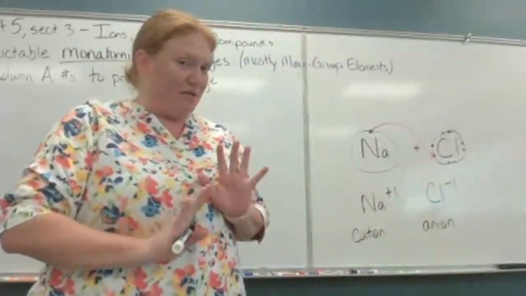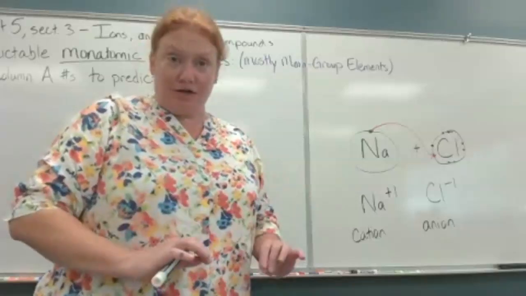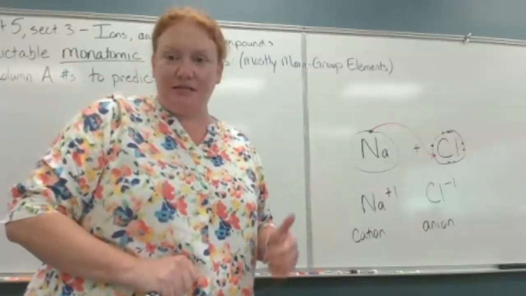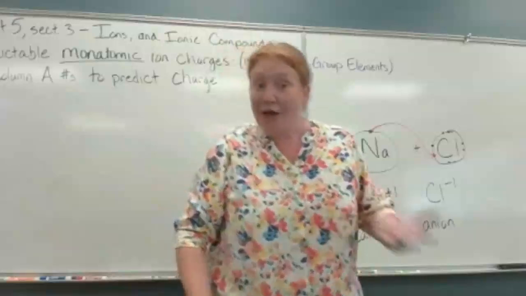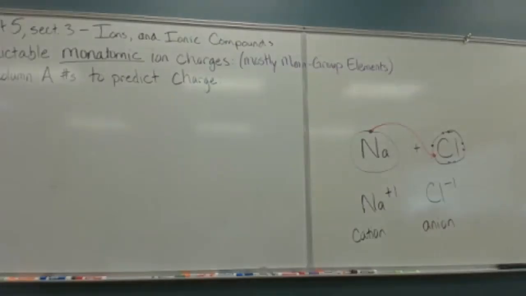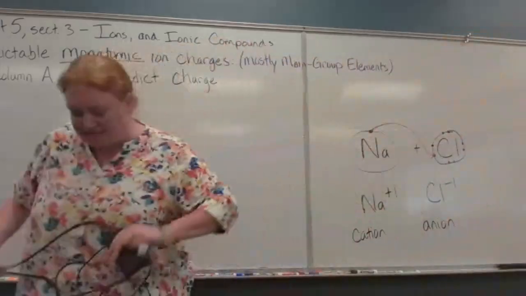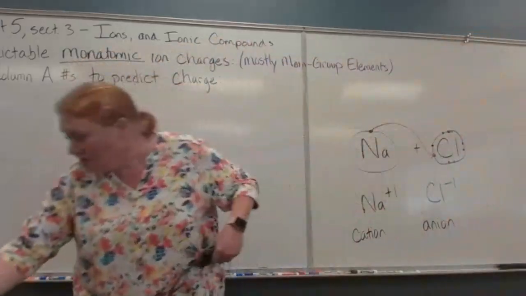Some of it can be predicted based on a theory of bonding called Lewis theory. If you've talked about that in your class, that's great. If you haven't talked about that before, that's okay too. Lewis theory is a bonding theory that is basically based on the number 8.